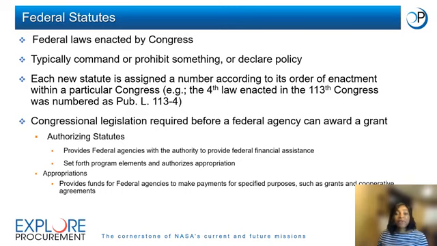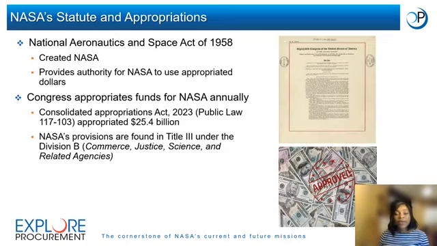Appropriations, on the other hand, provide funds for federal agencies to make payments for specified purposes, such as grants and cooperative agreements. The National Aeronautics and Space Act of 1958 is the statutory authorization for NASA. This legislation created NASA. It also provides NASA the authority to use appropriated dollars to carry out its objectives.